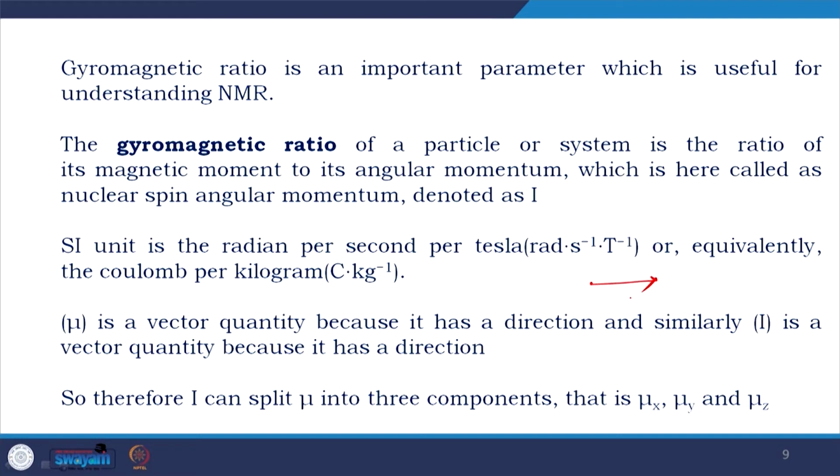You could split it into different directions. Let us consider you split it into x, y and z. So, there would be 3 components, mu x, mu y and mu z.